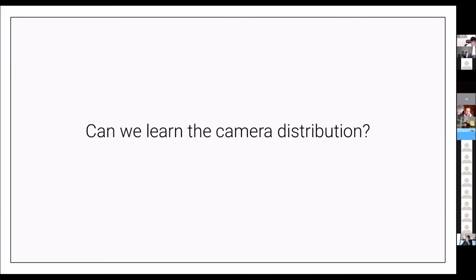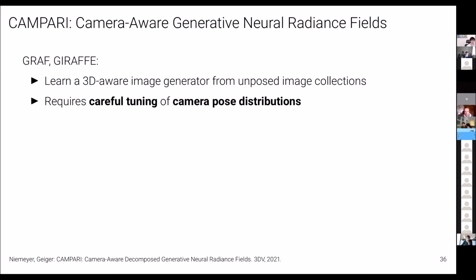Now, finally, the last project I want to briefly show to you is how we can extend this to learning also the camera distribution. What I didn't tell you so far is that in GRAF and GIRAFFE and all the works that appeared at the same time with a similar goal required very careful tuning of the camera pose distributions.